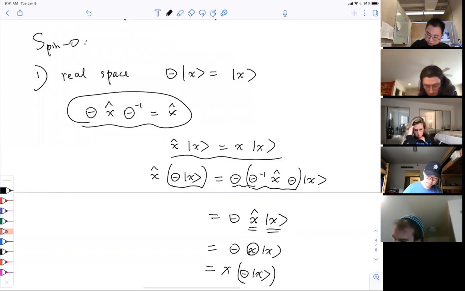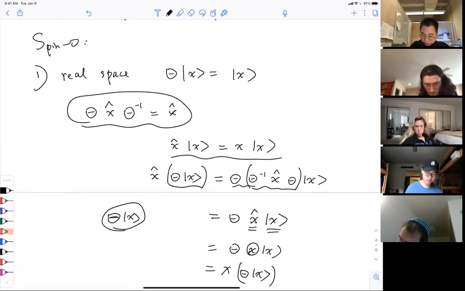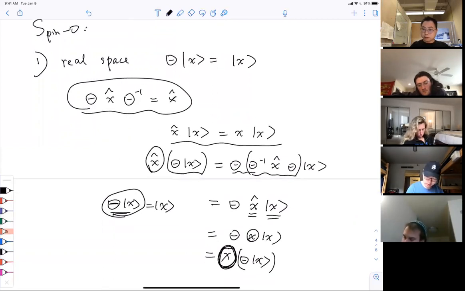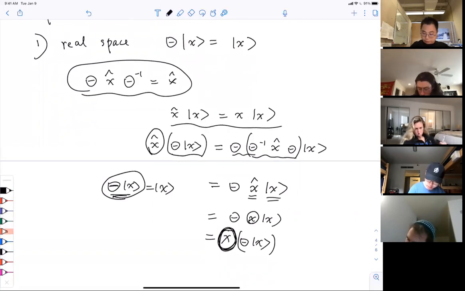Meaning that the time reversal operator acting on x is also an eigenstate of operator x with eigenvalue x. So we can always choose this to be ket x. This is not the case for the momentum operator, as you will see.